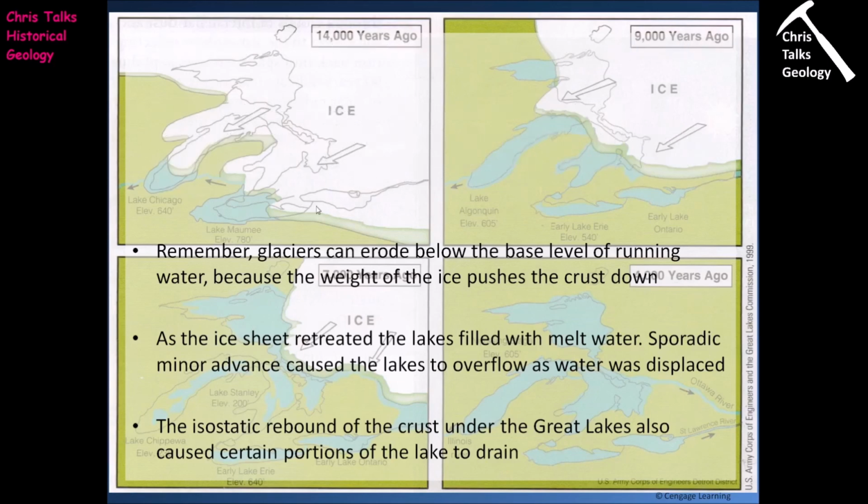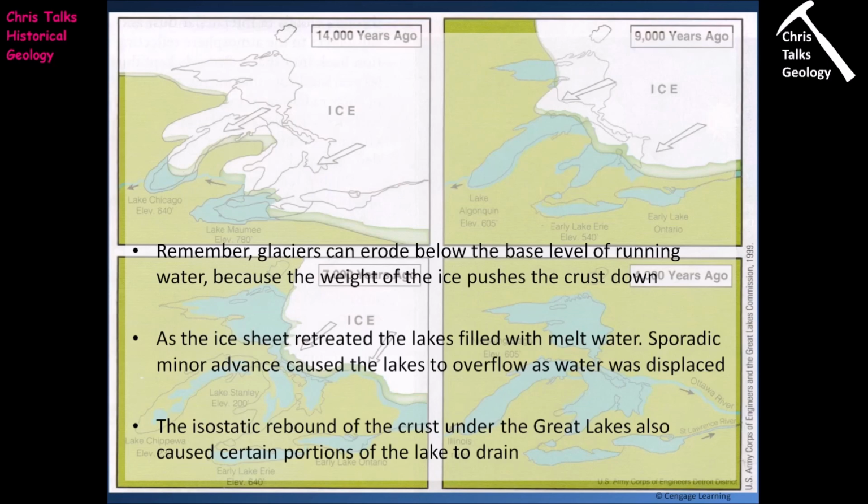And so if we just look at this diagram here for 14,000 years ago, you can see, for instance, we have this ice sheet sticking out, and we can see as this ice sheet pushes forward, the weight of it is going to push down the crust underneath it, but also the erosional force of the glacier itself is going to erode down. And so this is going to create a natural topographic low, which is going to fill with water later.